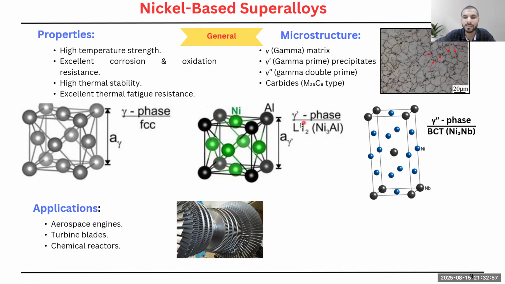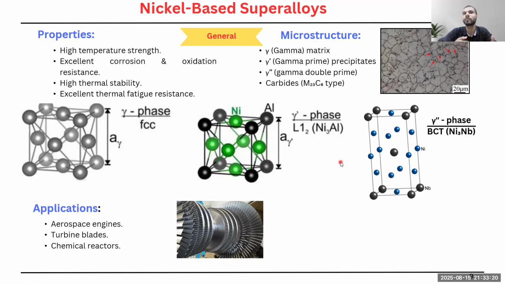So this crystal structure is L12. See, it looks quite similar to this FCC, but it has the L12 structure. It is a highly ordered structure, and that's why it is also known as superlattice. And here you can see the structure for the gamma double prime phase, which is BCT.